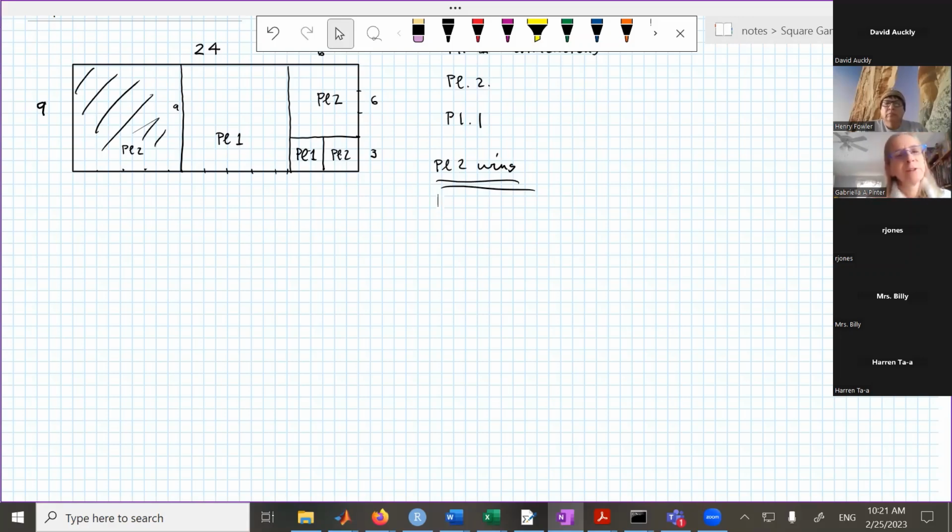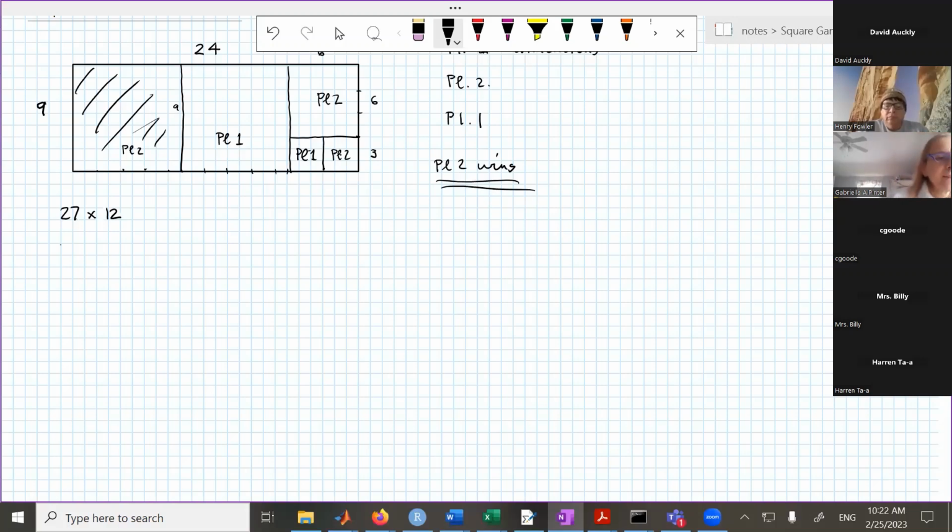Choose dimensions for a rectangle. Anybody, just please unmute yourself. Tell me some dimensions. Someone put in the chat 27 by 12. Oh, good. Great. 27 by 12.